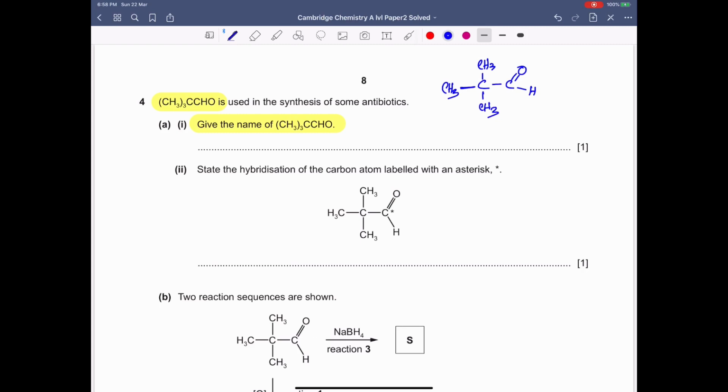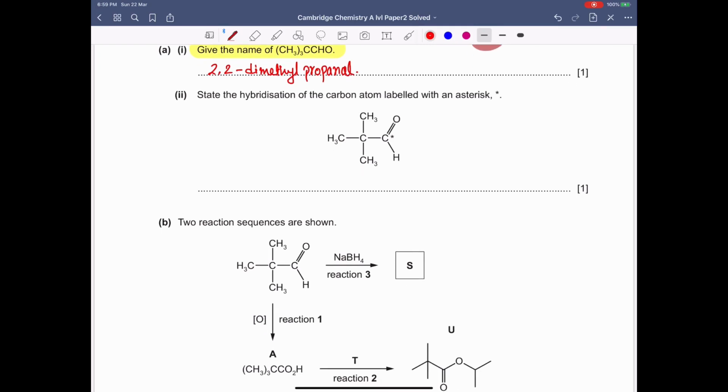So 3 carbons in a straight chain gives us propanal, and then we have methyl groups on the second carbon, so the name will be 2,2-dimethylpropanal. State the hybridization of the carbon atom labeled with an asterisk.